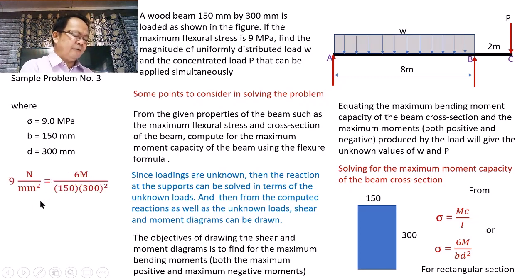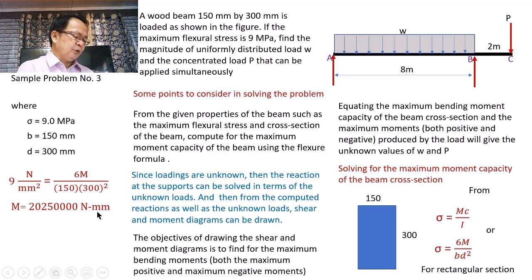When we substitute the value, we have 9 Newton per square millimeter equal to 6M over BD. Kaya pag sinimplify natin dito, yung M masosolve natin na 20,250,000 Newton millimeter. Ang resulting unit nito will be in Newton millimeter.